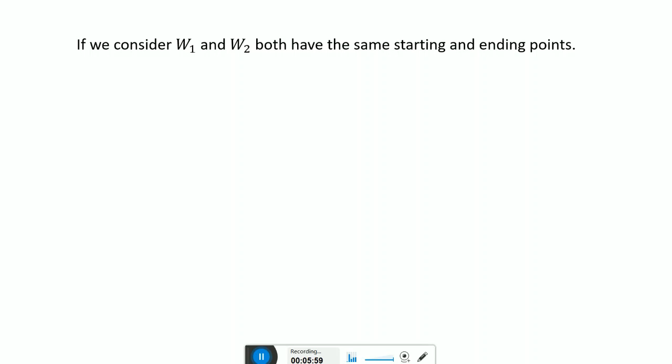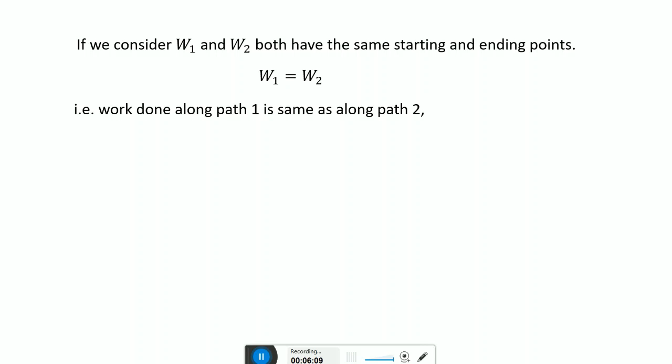If we consider that W1 and W2 both have the same starting and ending points, then we get W1 equal to W2. That is, the work done along path 1 is the same as the work done along path 2. Then the force F is called conservative force.